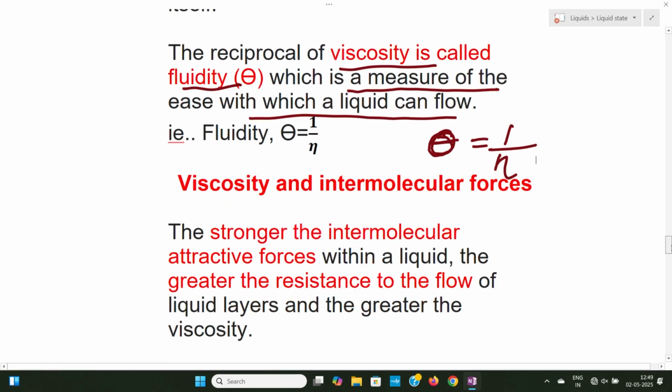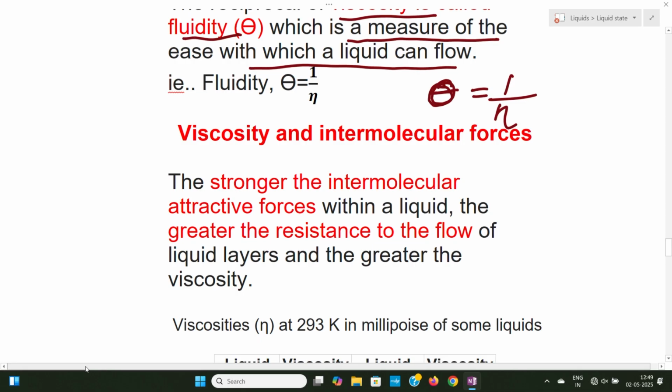Now, let us discuss the connection between viscosity and intermolecular forces. If the intermolecular forces within the liquid are strong, then the resistance of the liquid will be greater.